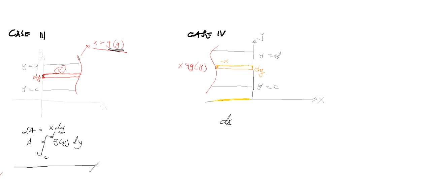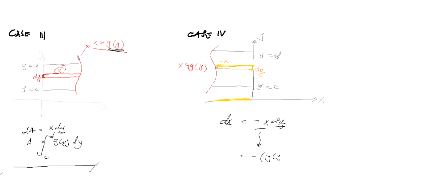So we have here dA is equal to negative x dy. This length is our negative x, and this length here is our dy.